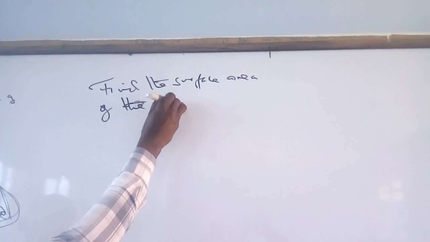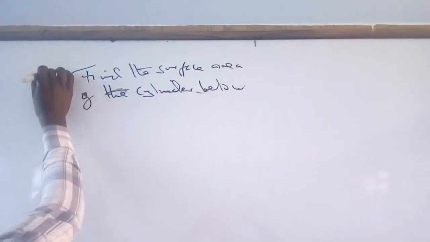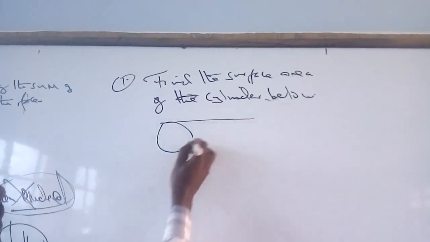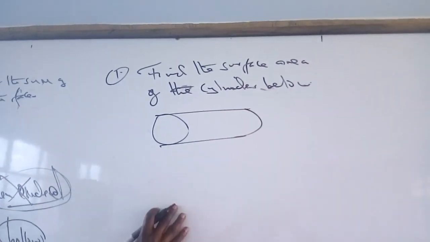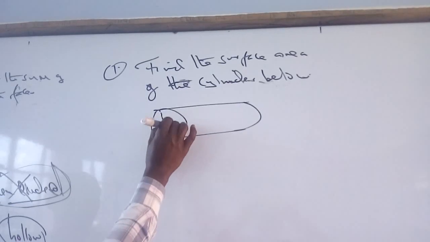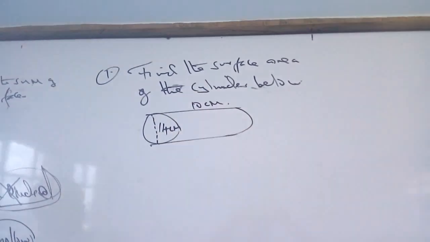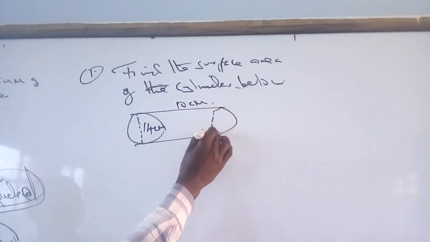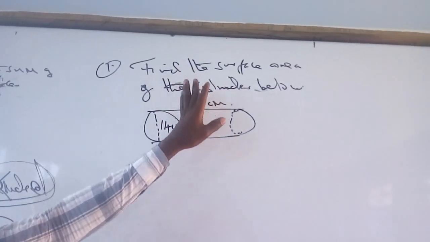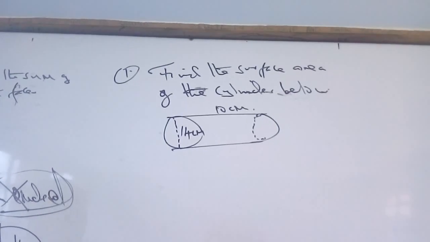Having a question like this, the examiner has given us a cylinder, with a diameter of 14 centimeters and a length of 10 centimeters. We have only been told to find the surface area of the cylinder below. The examiner has not mentioned whether it is closed, open, or open-ended.